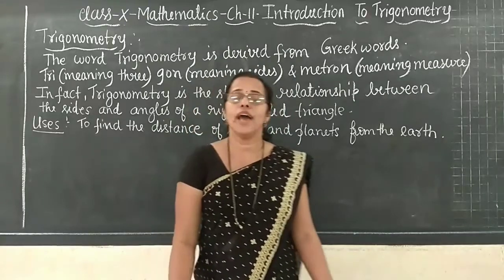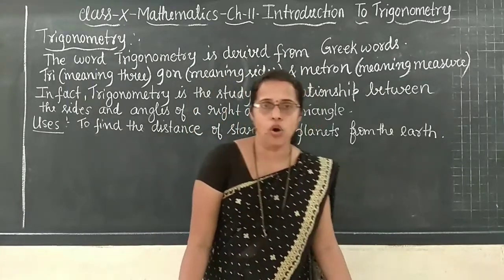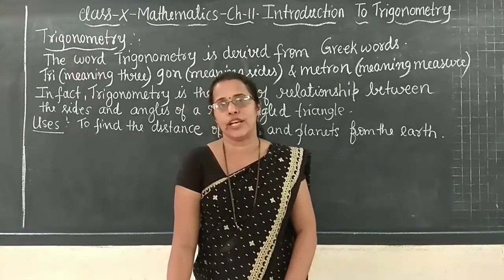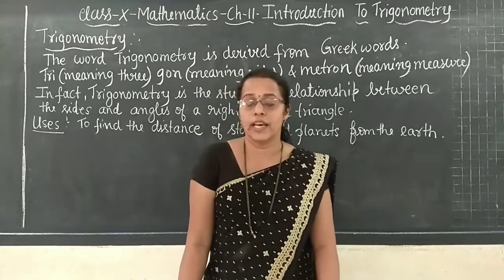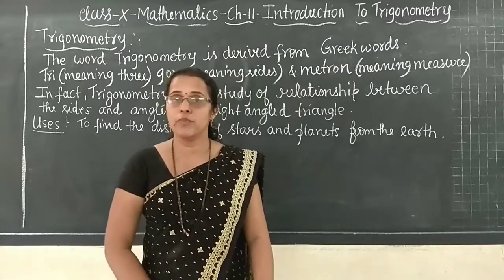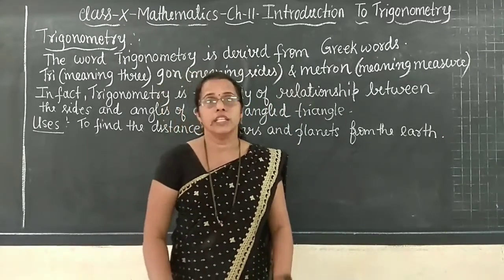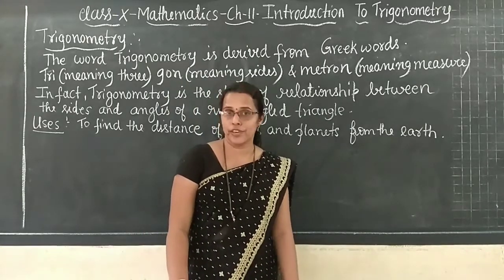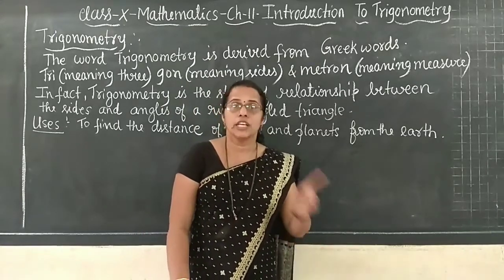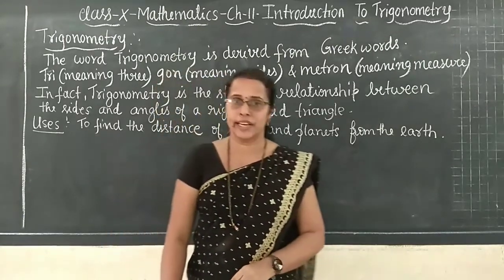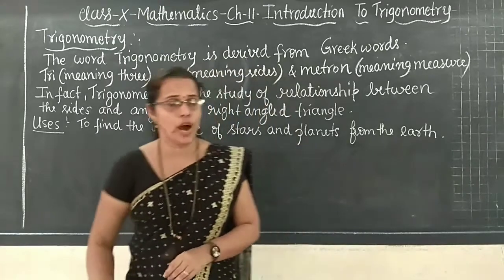Okay children, so now after knowing all this, the derivation of that, how and from where it came into existence, everything you learned. Now what next you have to learn, the very very important thing, is trigonometric ratios. So the first idea in this is trigonometric ratio. What is trigonometric ratio? Which ratios do we have to learn?